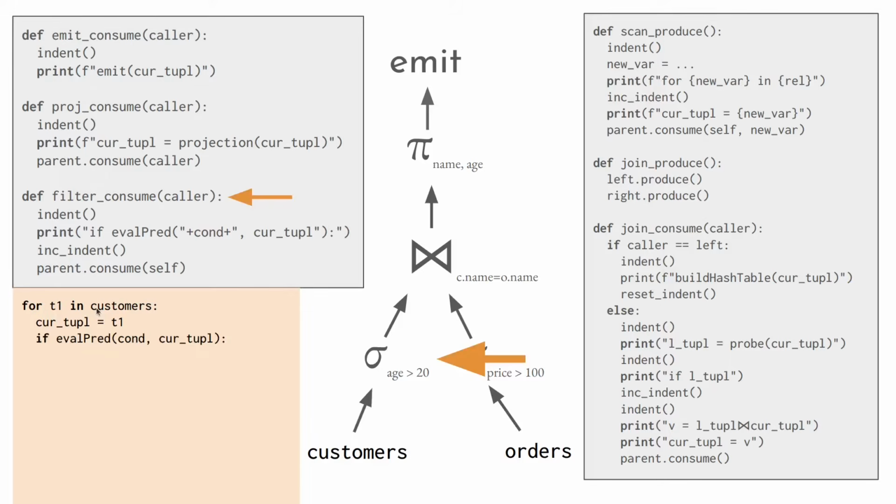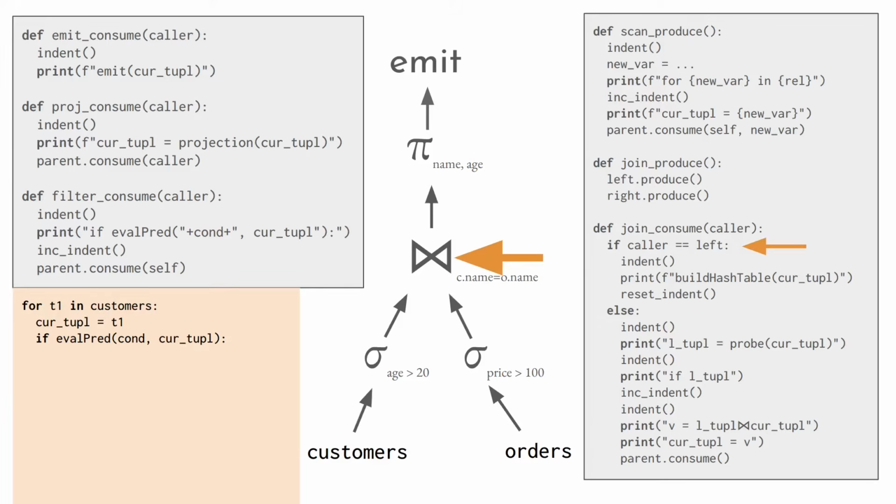So now we go to the filter consume, which generates the if, and that now calls the join consume. Now the join consume, as I said, is the most interesting piece. The join consume does different things depending on whether we're coming from the left child or from the right child.